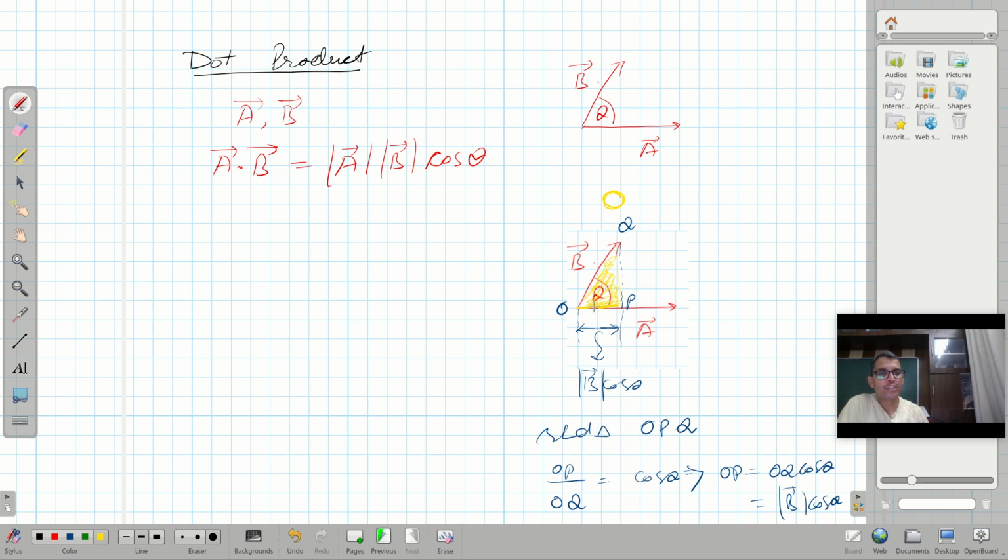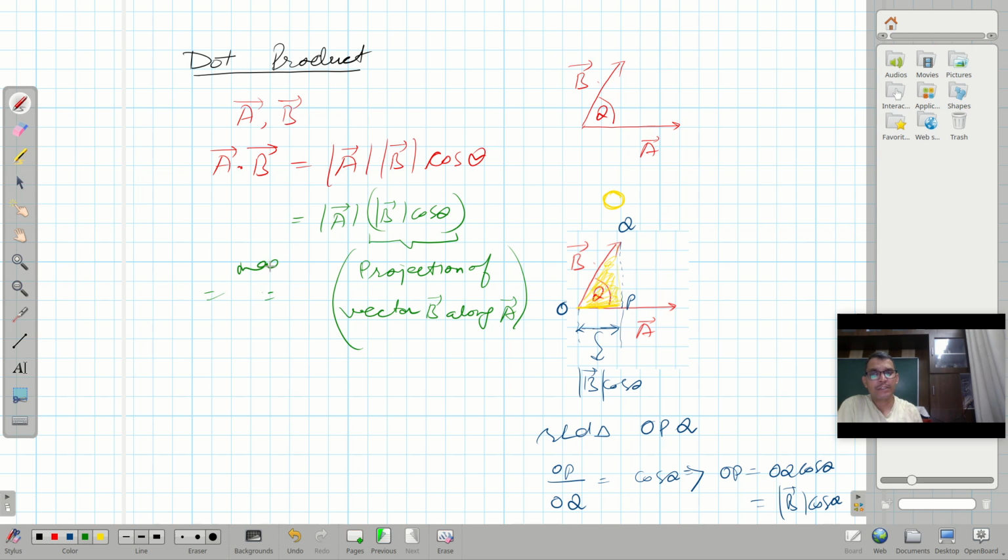This shadowed portion is nothing but the projection of vector B along vector A, which is B cos theta, multiplied by the magnitude of vector A. So I can write it as the magnitude of A, magnitude of B, and cosine of theta. This is the product of these two quantities.